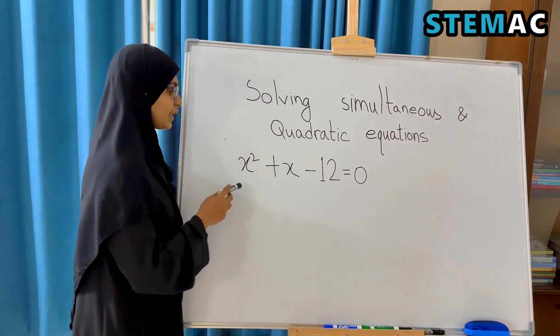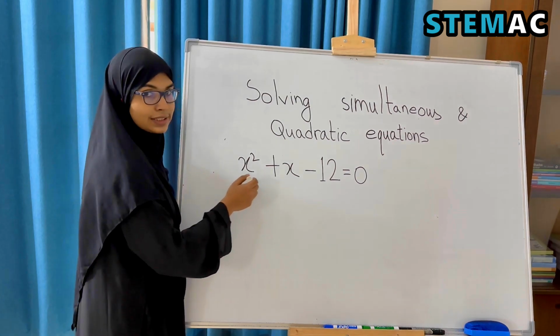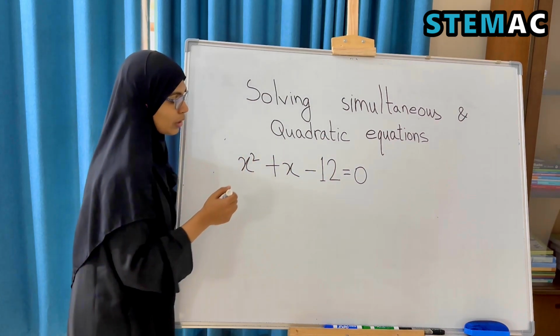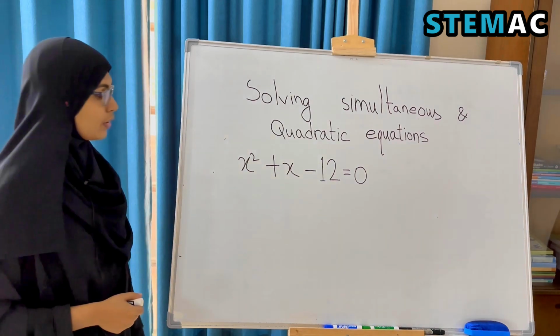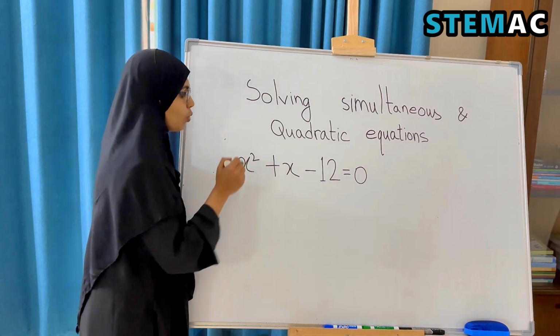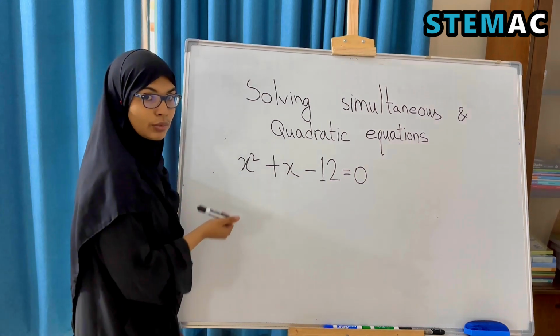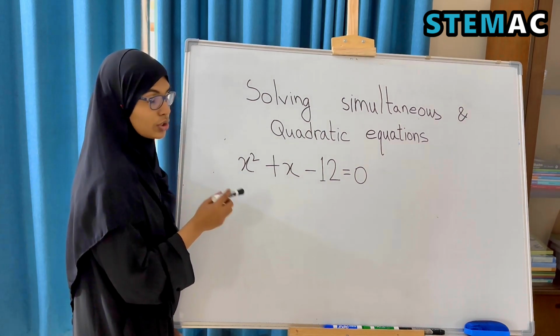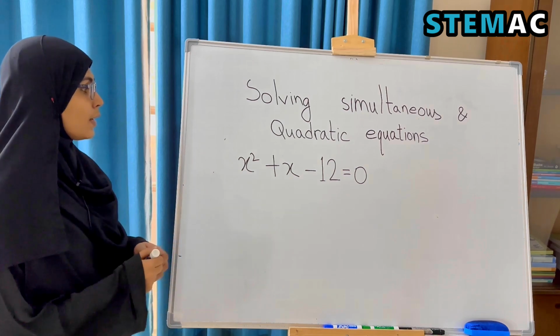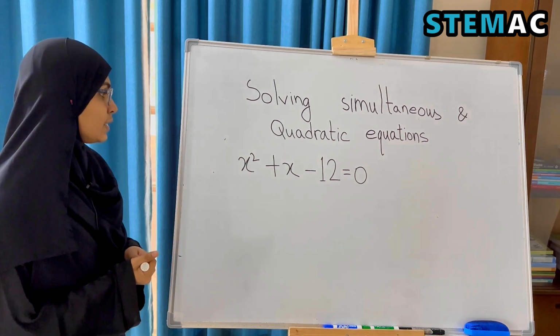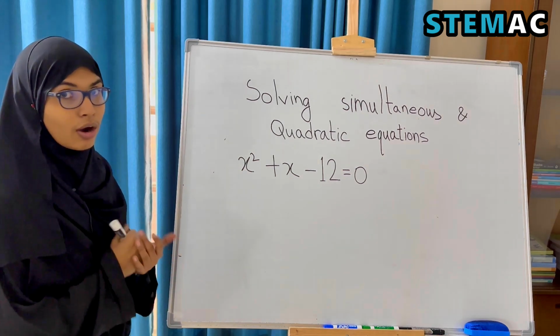As we can see, the highest degree in this expression x square plus x minus 12 is 2. That makes this equation a quadratic equation. A quadratic equation has the highest degree of 2.